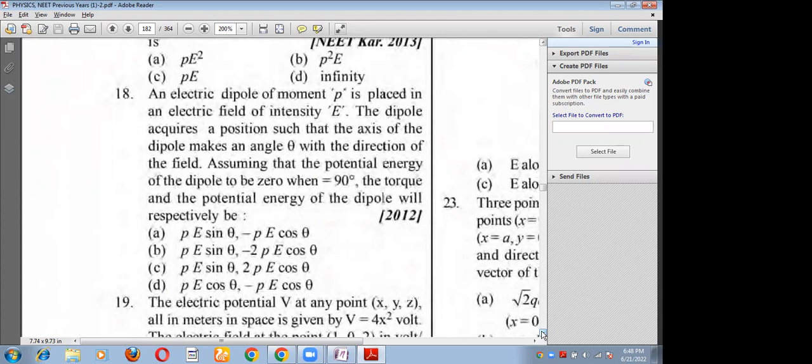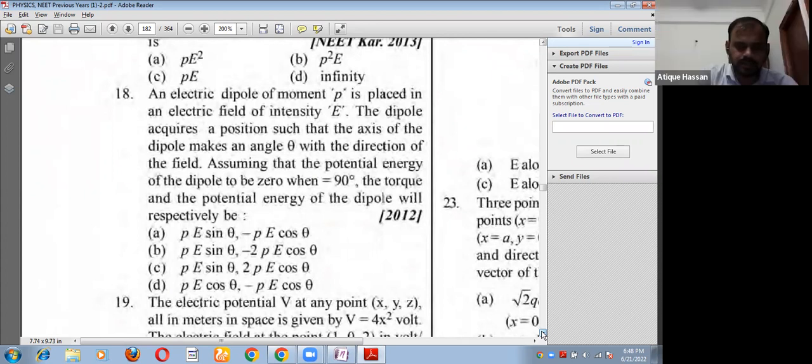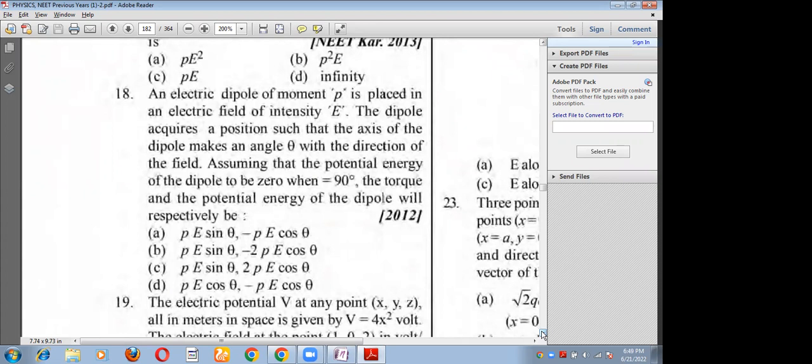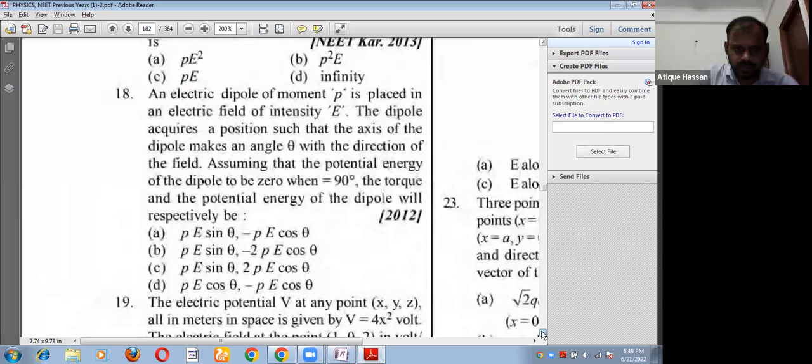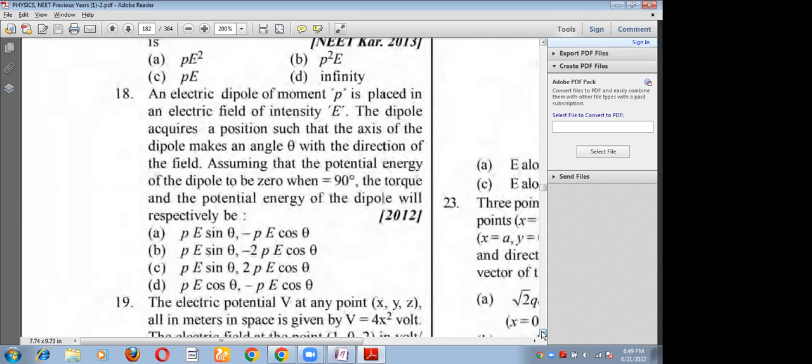Only for JEE? No, sir, only for JEE. So, first I will solve the NEET question, then I will move to JEE, since in JEE Main most of the questions are asked in the same pattern as NEET, right? Sir. So go through question number 18.